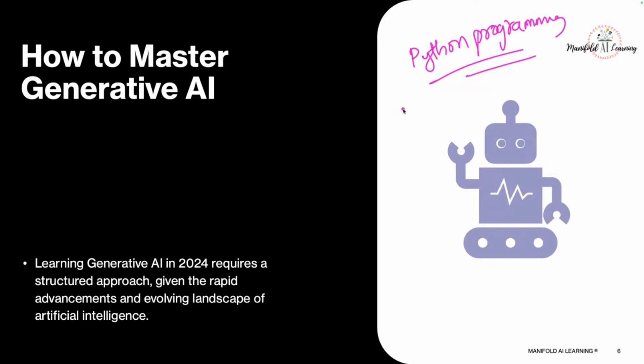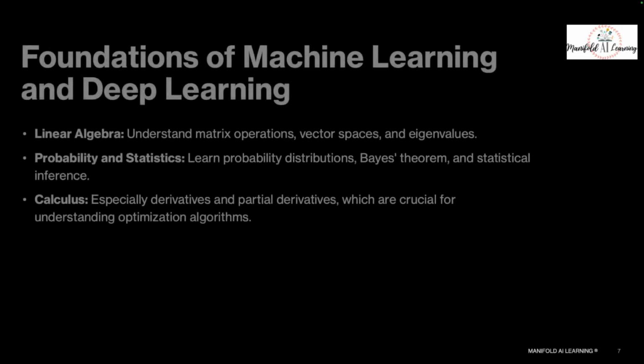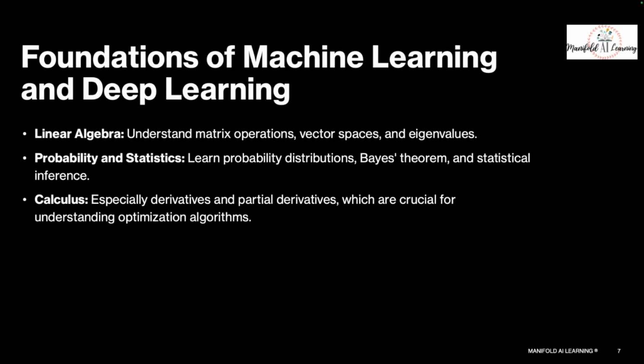Now, once you master Python, you can start by understanding the foundations for machine learning and deep learning, which basically gets back to linear algebra, probability, and calculus. Now, why are these foundations required?